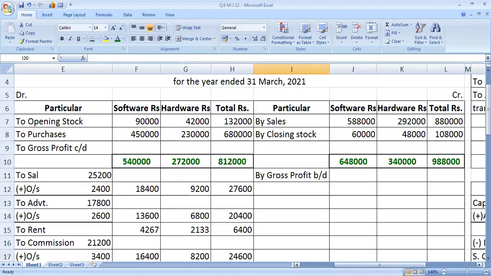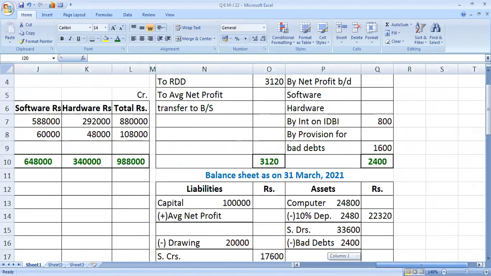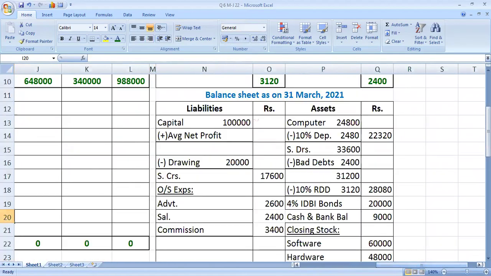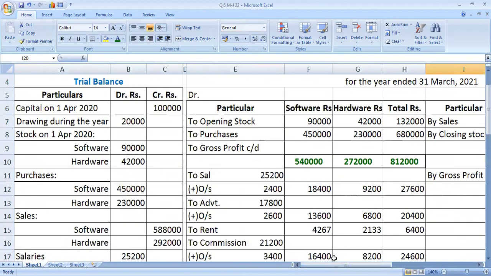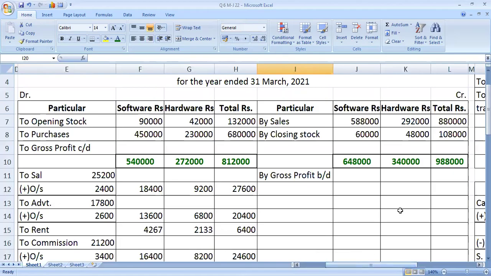All adjustments have been done and solved. Now close the accounts one by one. First close the trading account. Trading account credit side, department software total 6,48,000, hardware total 3,40,000.